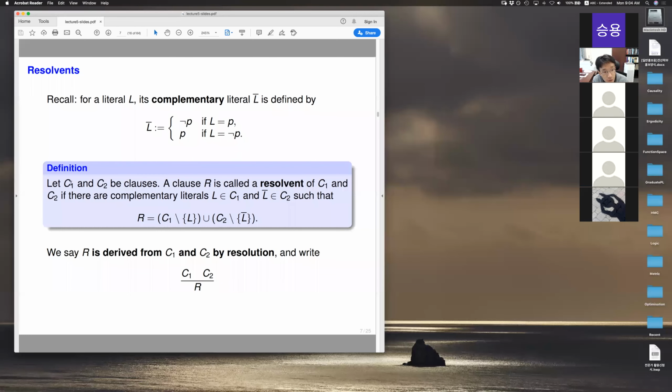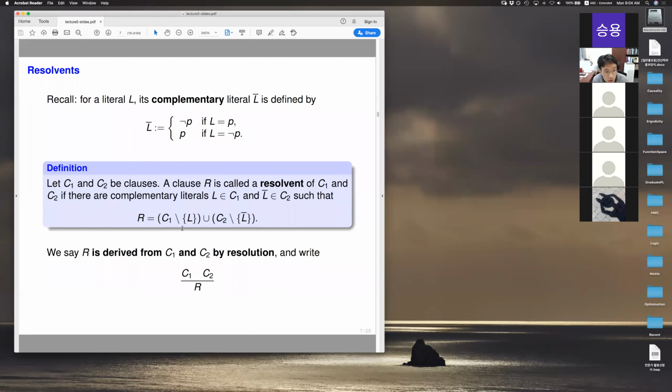If you're given two clauses C1 and C2, a new clause R is called a resolvent of C1 and C2 if there exists a literal L in C1 and its complement L bar in C2, such that if you get rid of L from C1 and L bar from C2 and then take their union, that is the same as R. So R is obtained from C1 and C2 by taking a union, after doing some cancellation.